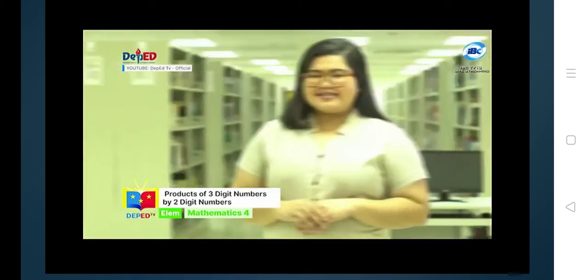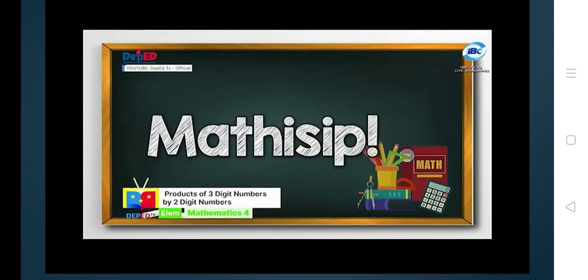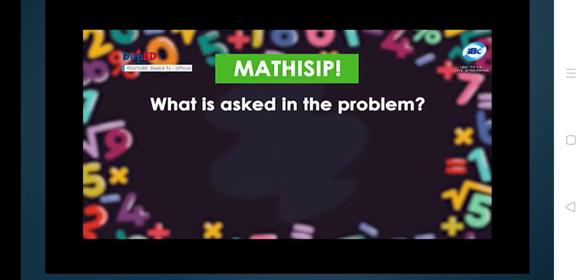Tonyo and Ana, I have good news. Mrs. Cruz of Math Amazing Publishing House donated 32 boxes of storybooks. Each box contains 312 books. How many books were donated in all? Math-isip! Let us analyze the situation. What is asked in the problem?